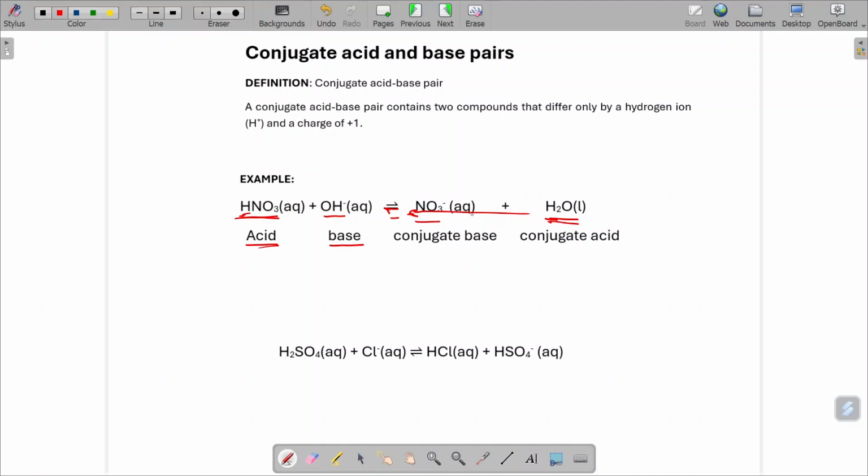And therefore, reading from right to left, the water acts as an acid and the nitrate acts as a base. And therefore, we can call this nitrate ion the conjugate base of the nitric acid. And we can also call the water the conjugate acid of the base, the hydroxide.